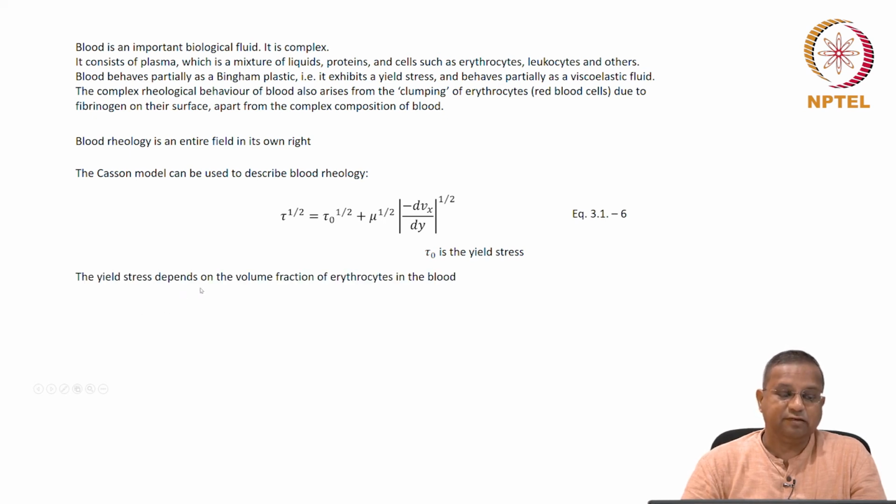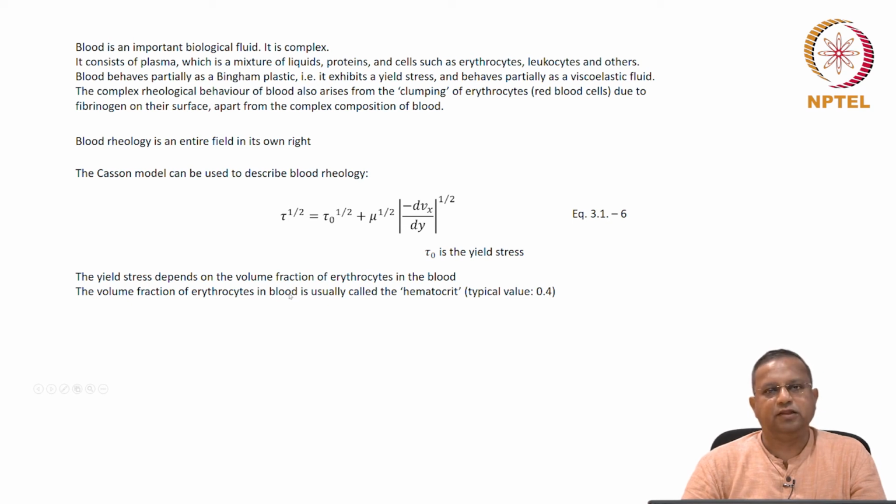The yield stress actually depends on the volume fraction of erythrocytes, RBCs, in the blood. The volume fraction of erythrocytes in blood is typically called the hematocrit. These are names that you need to know. It directly impinges on the blood rheology. A typical value for the hematocrit is 0.4.